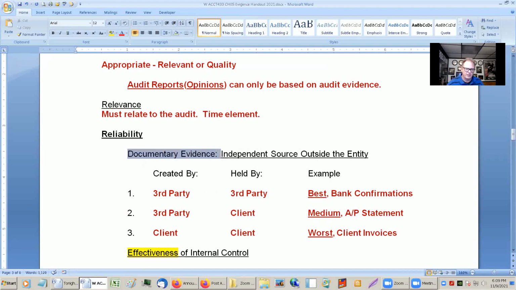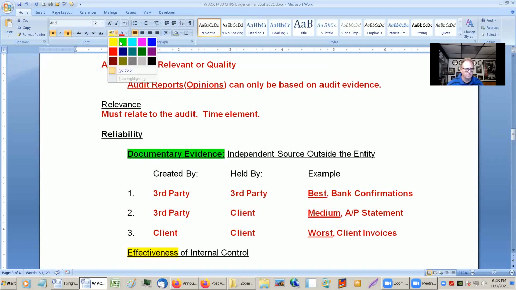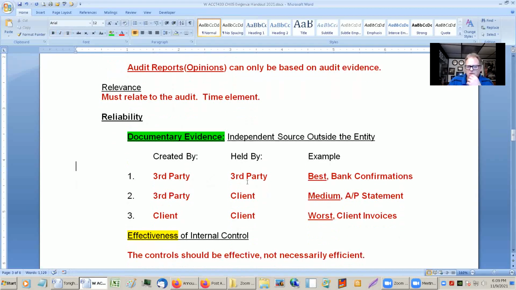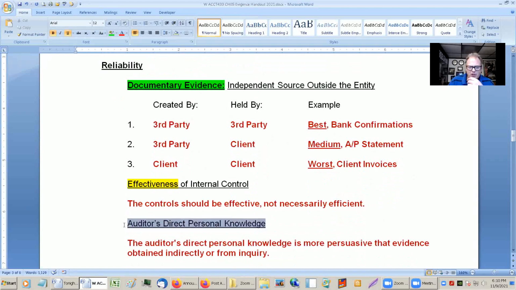And now we bring that in shortly. So this comes down to documents. When there's documents, I did not make that clear when I went through this the first time. But the reliability here we're talking about is documentary evidence. And the question comes up, well, what about the auditor's direct personal knowledge? The auditor's direct personal knowledge.